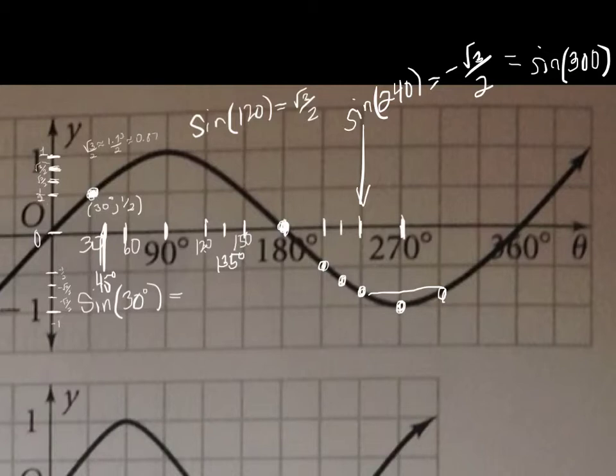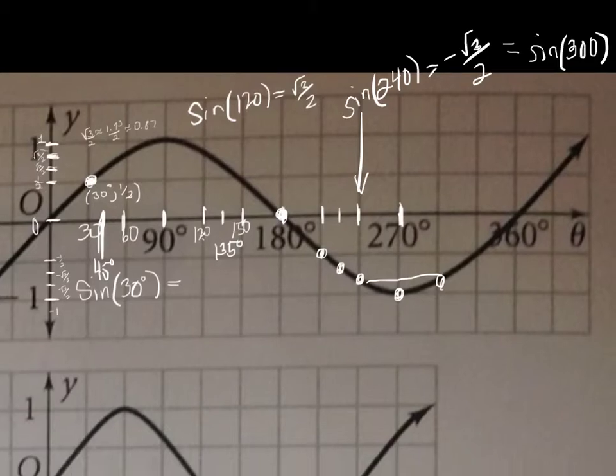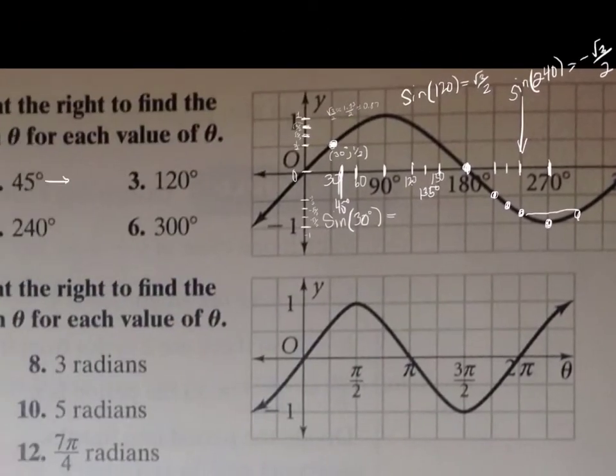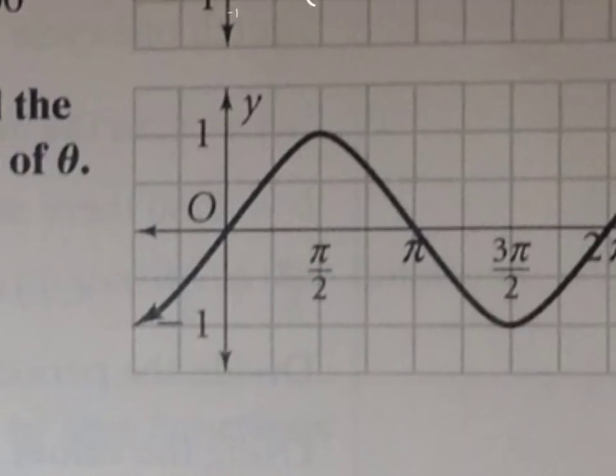Okay, and then the second part deals with radians, but it's not like the graph of radians is any different. You have the same official values. Now this, let's just label it here.